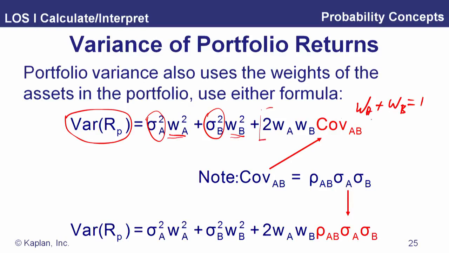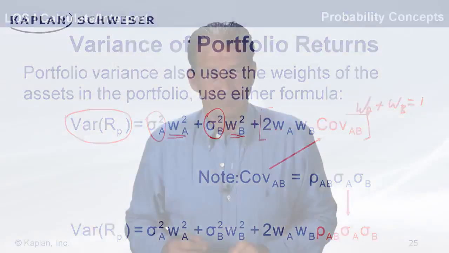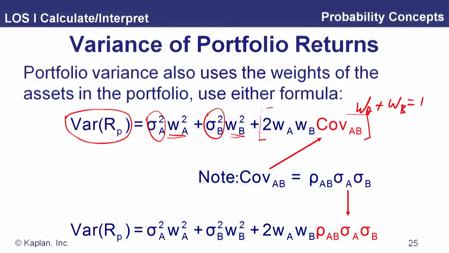But this last term here, 2 times the weight in A times the weight in B times the covariance, that's the adjustment for how they move relative to each other. Now, if they just move in lockstep, that is a strong covariance, then the variance of the portfolio is going to be greater than if this covariance term were smaller or negative. If it's negative, then this whole term is negative, and we're really subtracting that, driving the portfolio variance down.